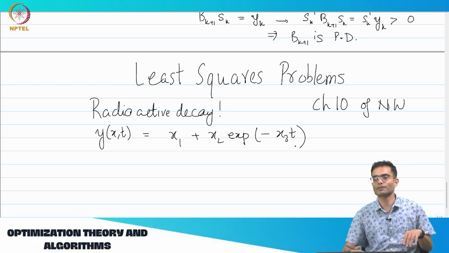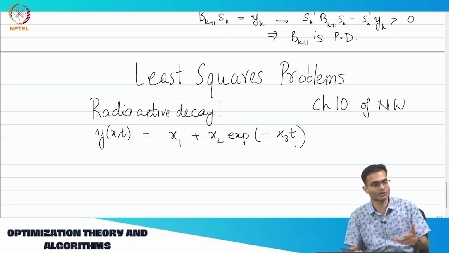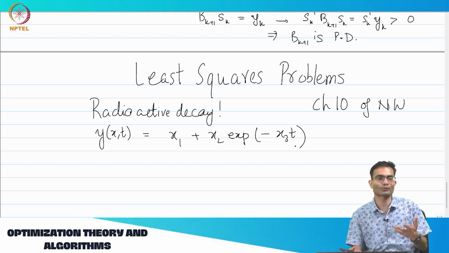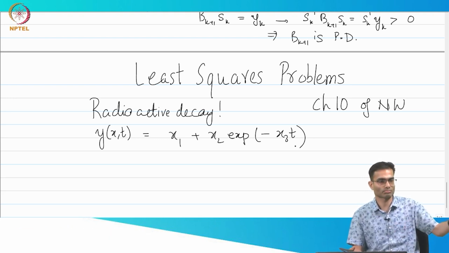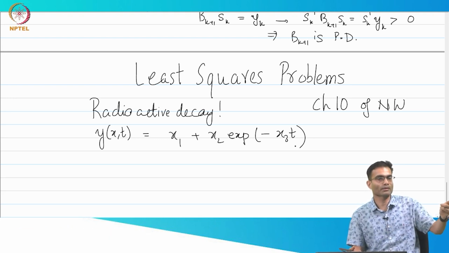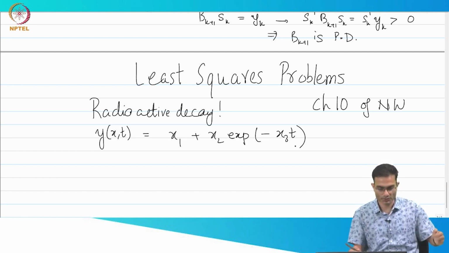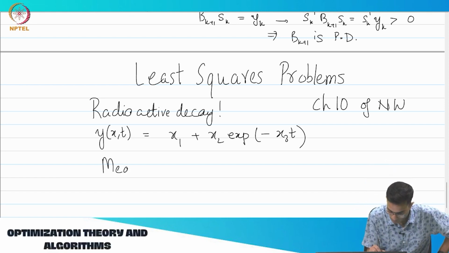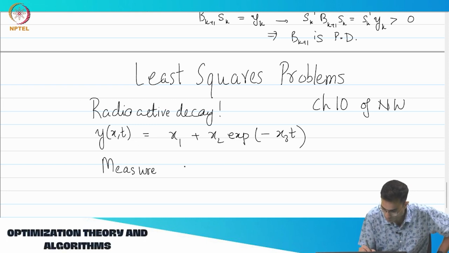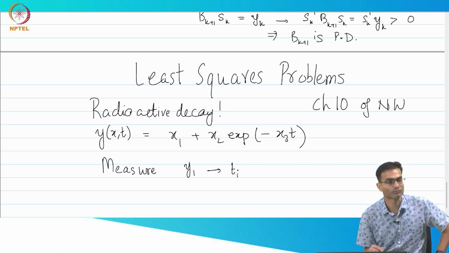Now, as someone who knows optimization, what would you want to do? You will go with your counter and make several measurements. So you will measure, let's say, y1 at time t1.